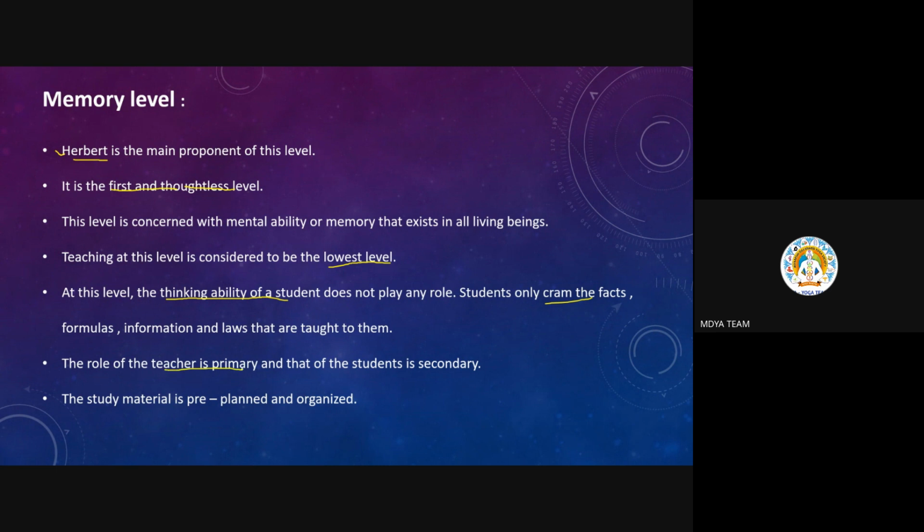I have explained teacher-centered in the previous class. I think now you are understanding very well what the teacher-centered method is, right? Or I have to explain it again. So the role of teacher is primary, and the student is secondary. The study material is pre-planned and organized.